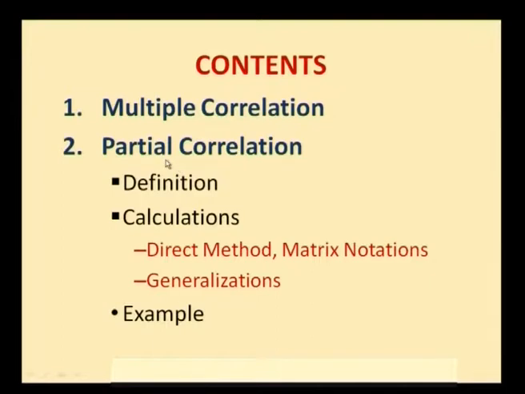So, there would be 2 kinds of correlations we will discuss here, based on the way to calculate, and a few straightforward examples, so that we can understand the formulas used to calculate multiple and partial correlation.